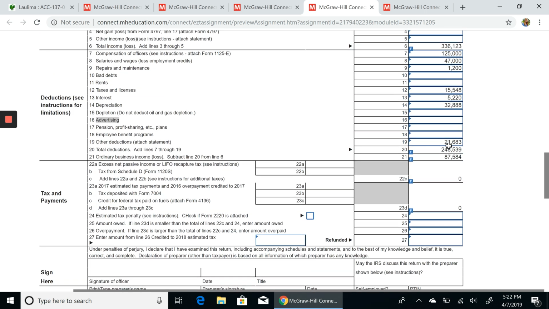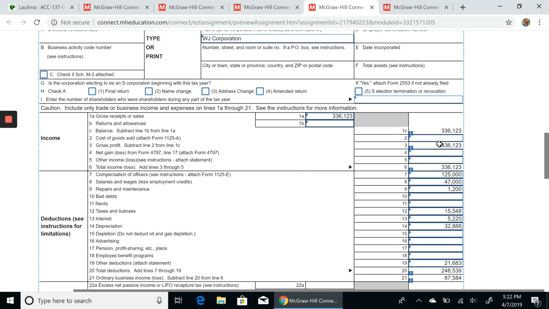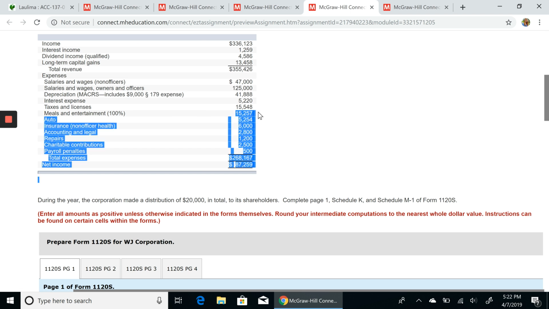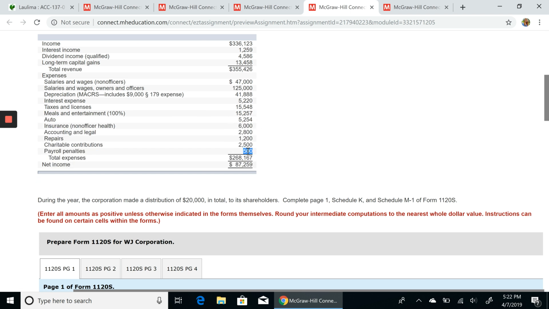So then everything else that is allowed as a deduction will go under other deductions. And that includes every other amount with the exception of our 50% of meals and entertainment and our fines and penalties.